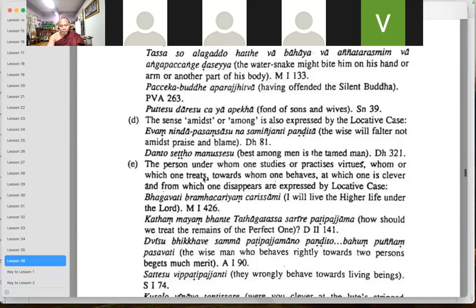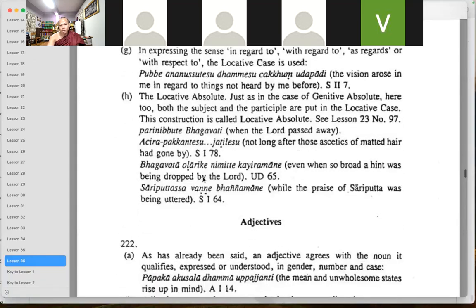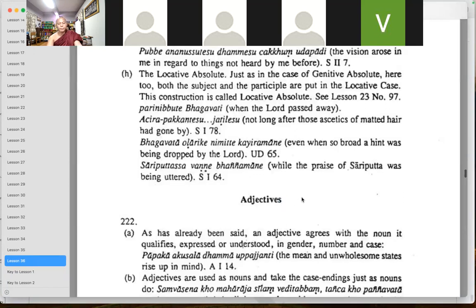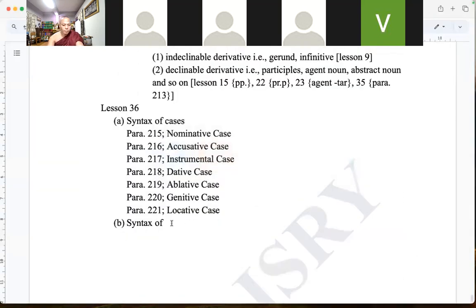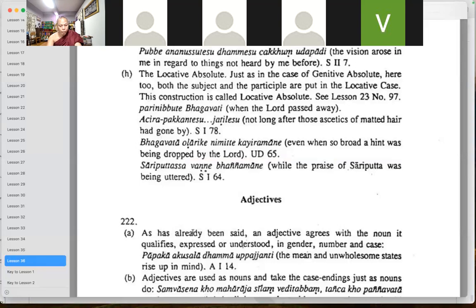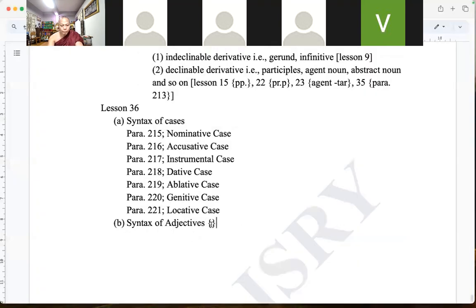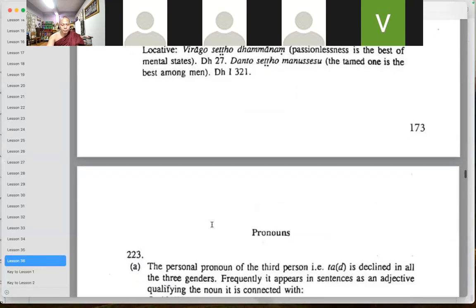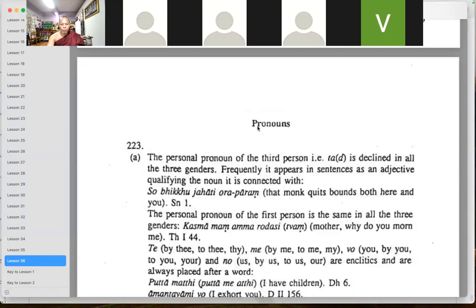After that, we can see the syntax of adjectives, which is paragraph 222. And then next, the pronoun.